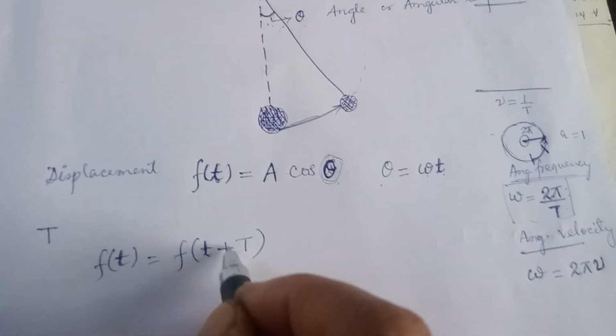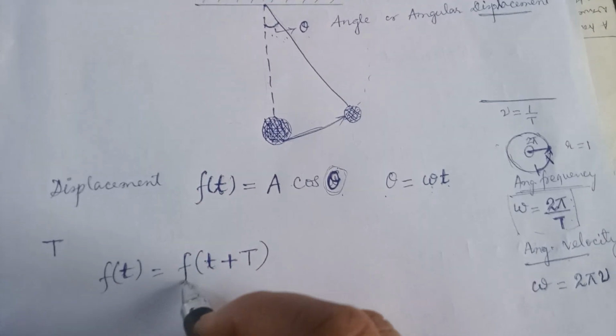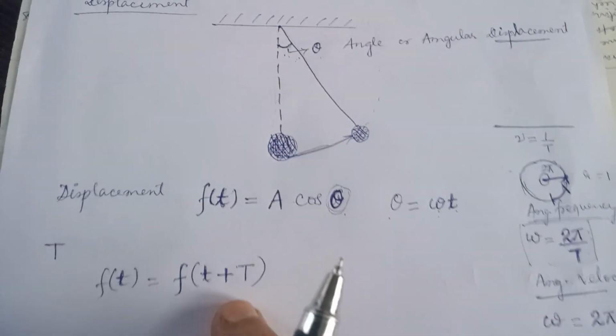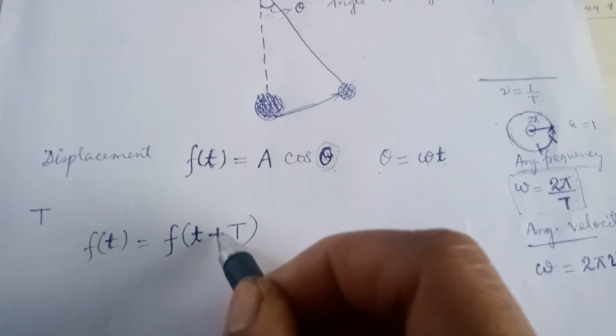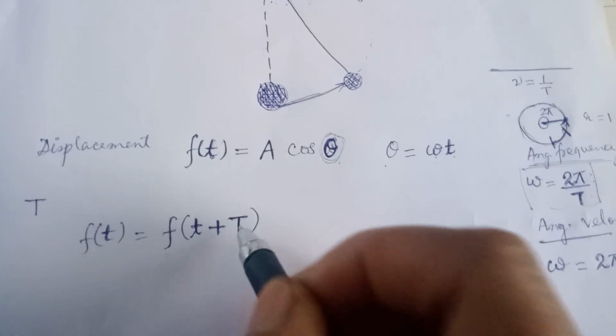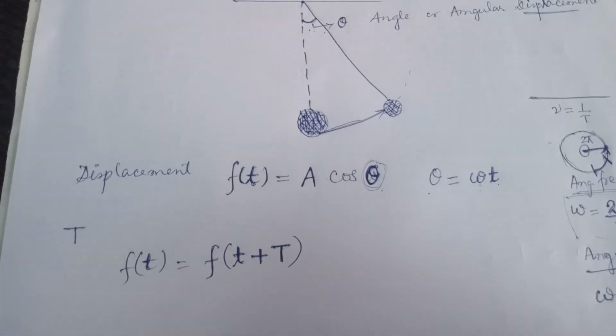Okay, this displacement can be expressed in terms of this also. Small t is any variable time, and here capital T is the time period. This is the regular interval after which the particle repeats its motion.